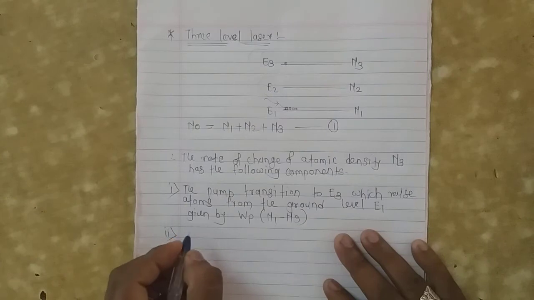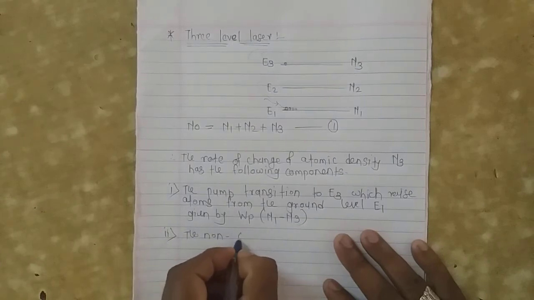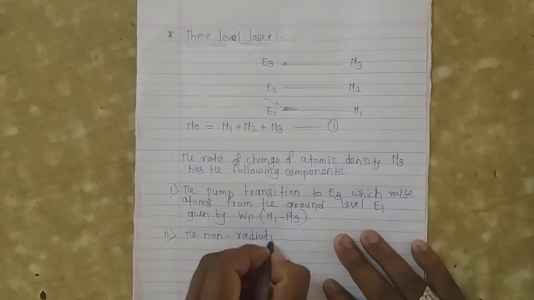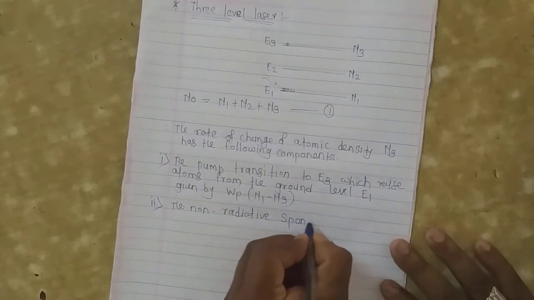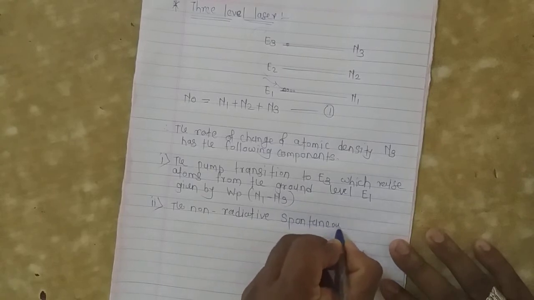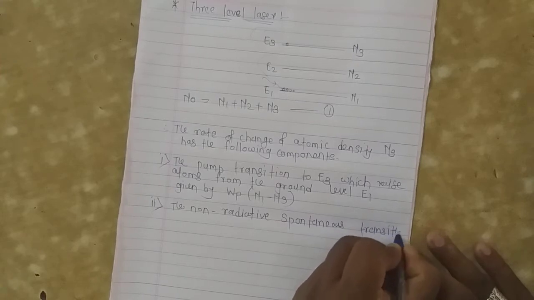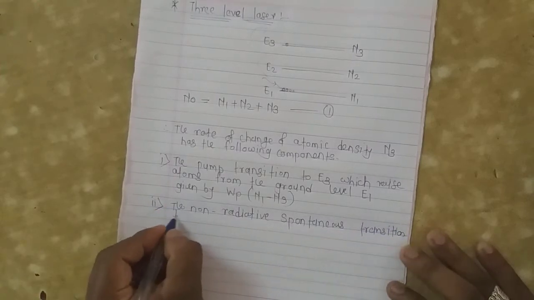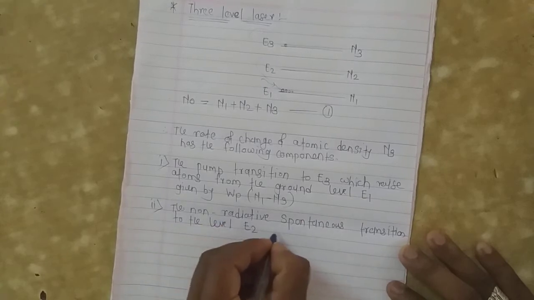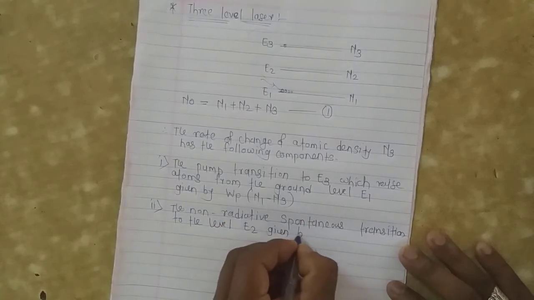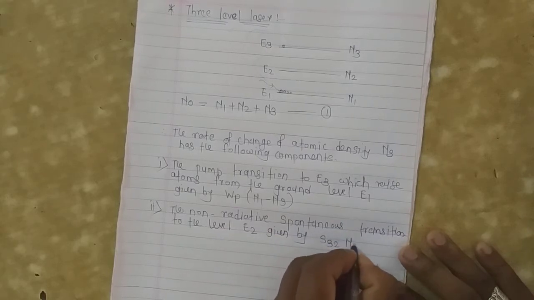Then the second component, the non-radiative spontaneous transition to the level E2, is given by S32 N3.